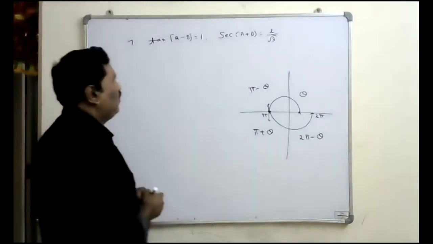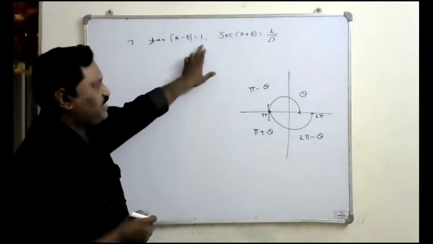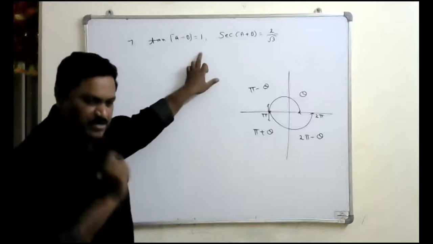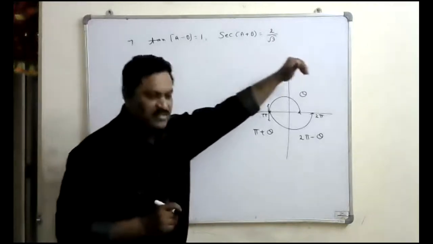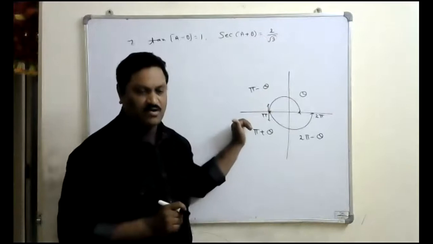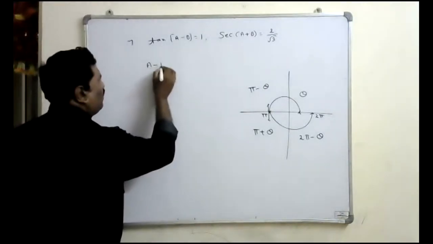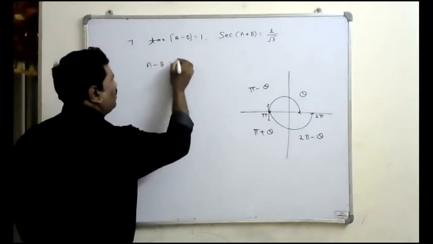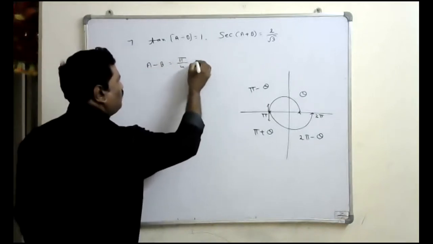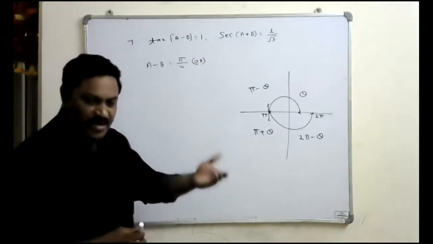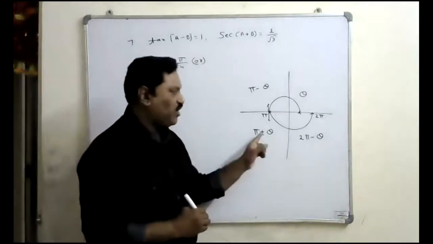Now, tan of A minus B is given 1. Tan is positive, which means the angle may lie either in the first quadrant or in the third quadrant. If I consider the angle in the first quadrant, 1 means that is pi by 4, that is 45 degree. Or that angle may also lie in the third quadrant.